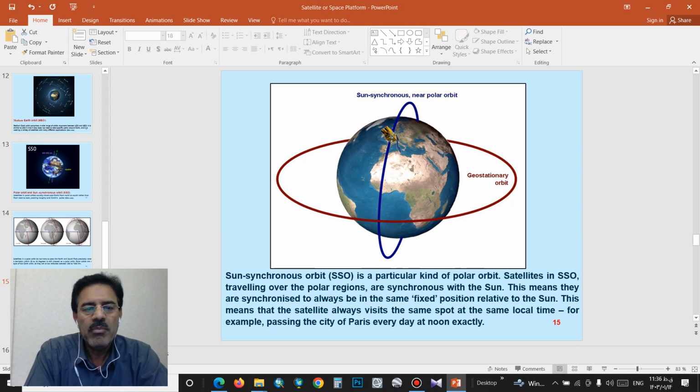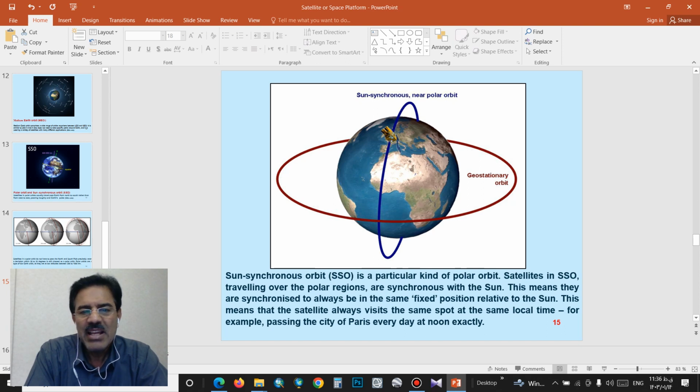Sun-synchronous orbit, or SSO, is a particular case of polar orbit. Satellites in SSO traveling over the polar region are synchronous with the Sun.